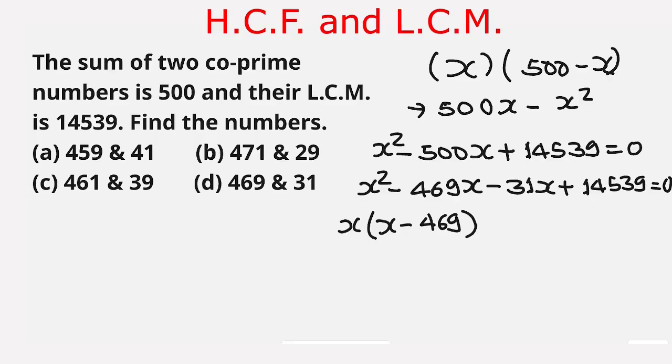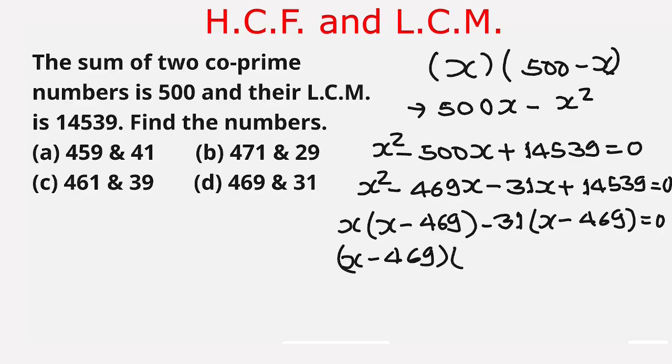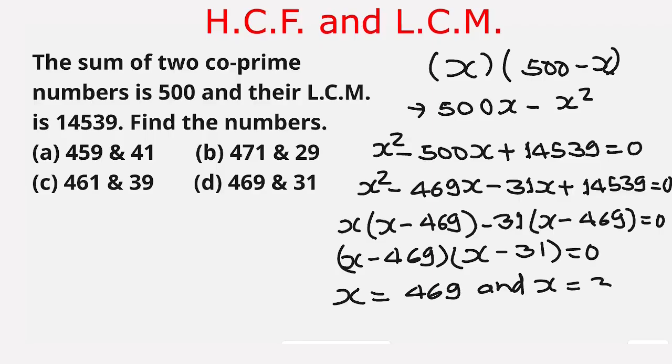So x into x minus 469, minus we take 31 common, it is x minus 469, equal to 0. So this is equal to x minus 469 into x minus 31. This gives the values of x equal to 469 and x equal to 31.